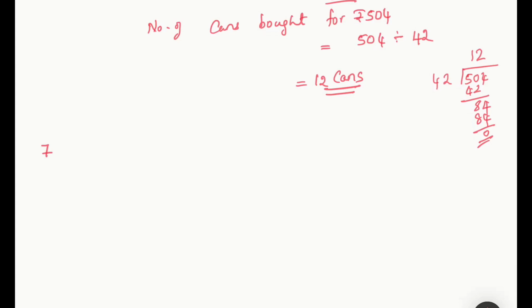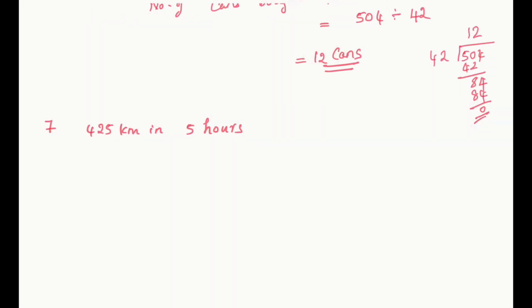7th one. A motorbike travels 425 km in 5 hours. How much distance will it cover in 3.2 hours? So, in 5 hours it will cover 425 km. So, first let us find out how many kilometers it will cover in 1 hour.